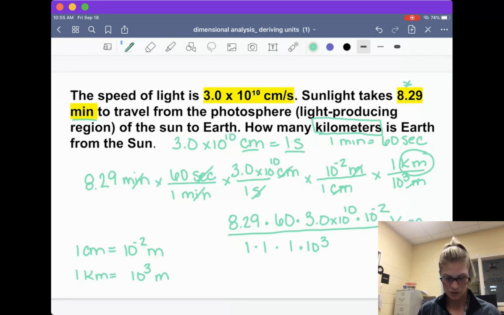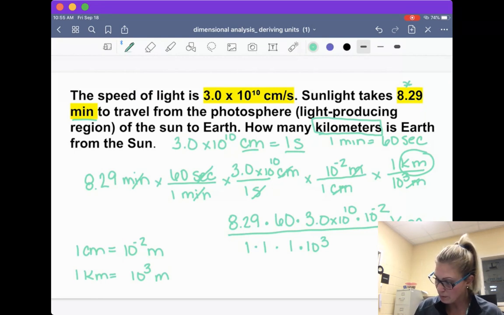So 8.29 times 60 times 3.0 to the 10. Remember, when you're plugging in the calculator for that scientific notation, make sure to use the second comma to use that E so we don't mess up order of operations. Remember me telling you guys order of operations can get funky if you don't put it in the calculator correctly, and we don't want to do that.